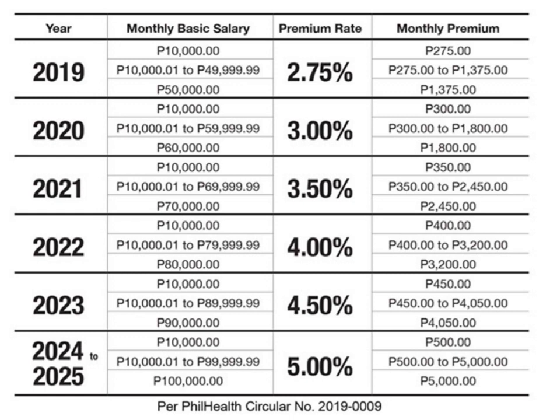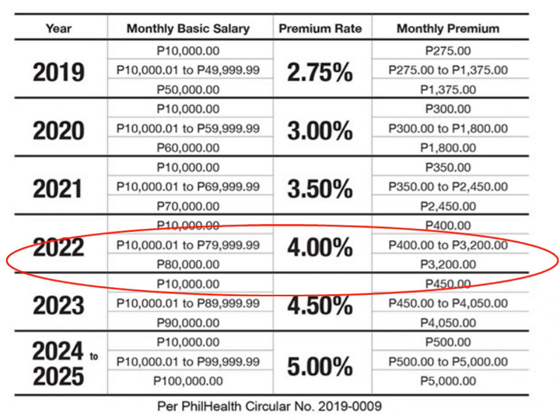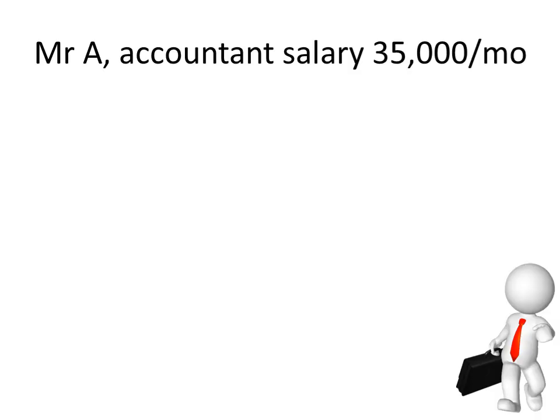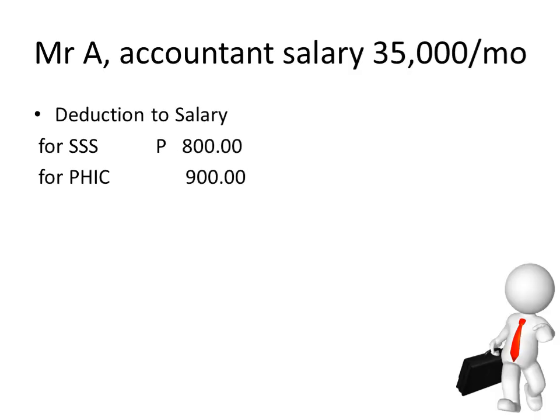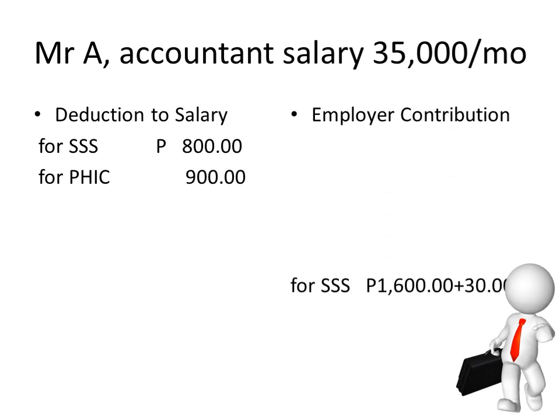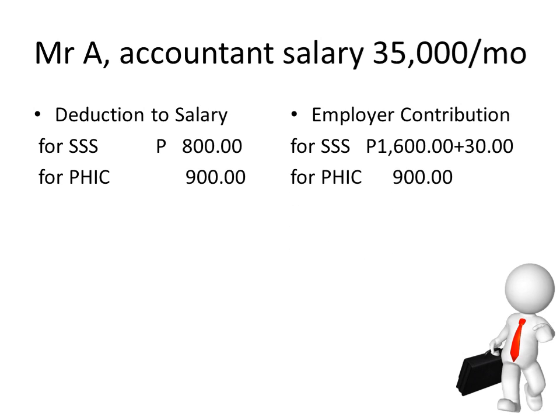So 3% of 35,000 is 1,050, shared equally by both employee and employer, so our employer would also have 900. Okay? So all in all, you are paying for your PhilHealth 1,800.